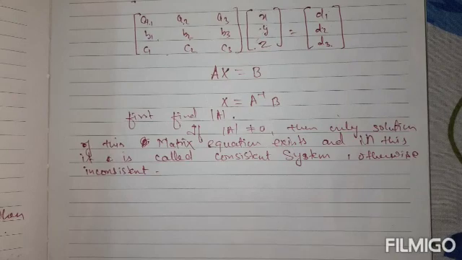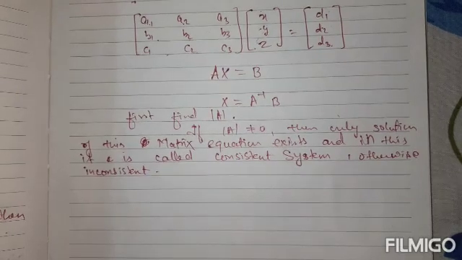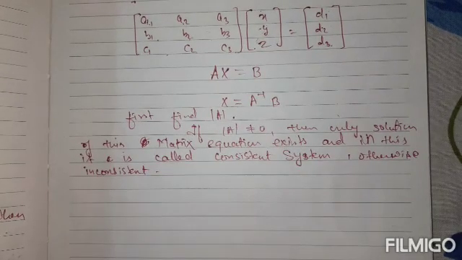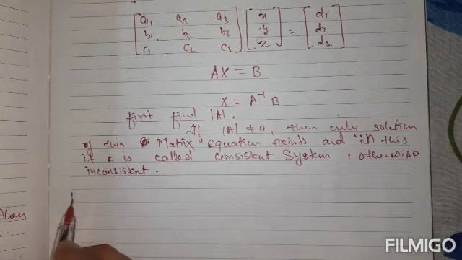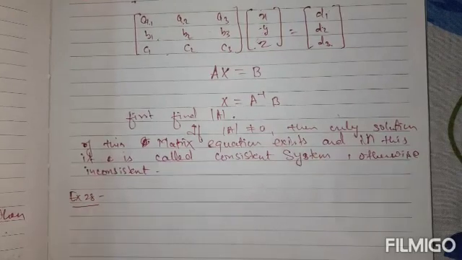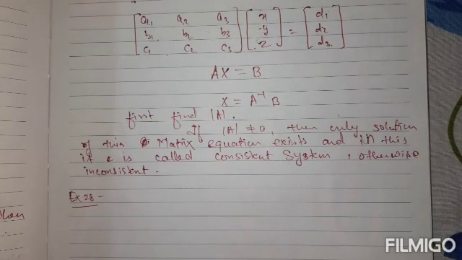We will go through one example of solving a system of linear equations. Let us take it from your textbook exercise or example. Here is example number 28 in your textbook, before exercise 4.6.